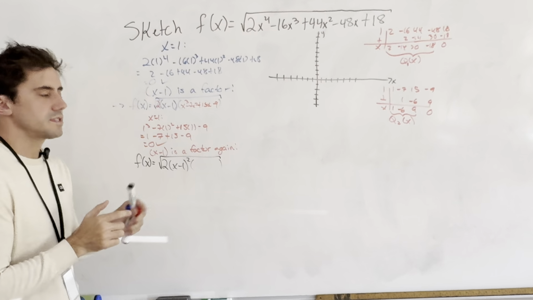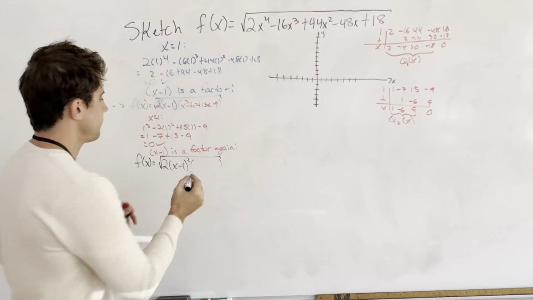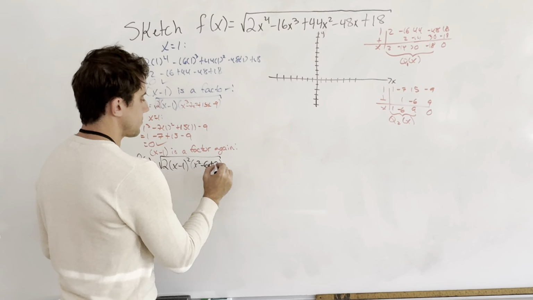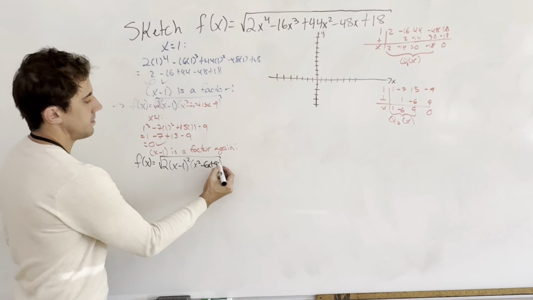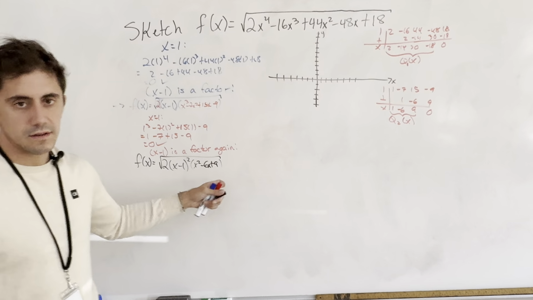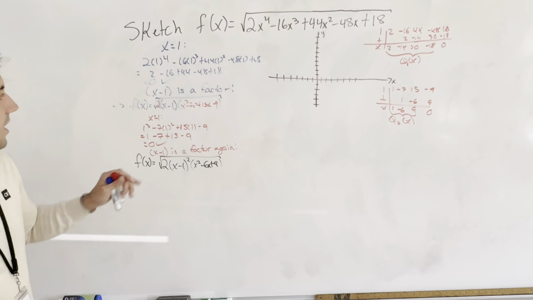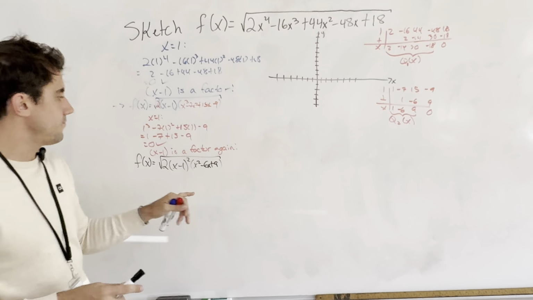I'll call that q sub 2 of x, q2 of x. And that is x squared minus 6x plus 9. And this might ring a bell when you see that quadratic coming out of our quartic polynomial.